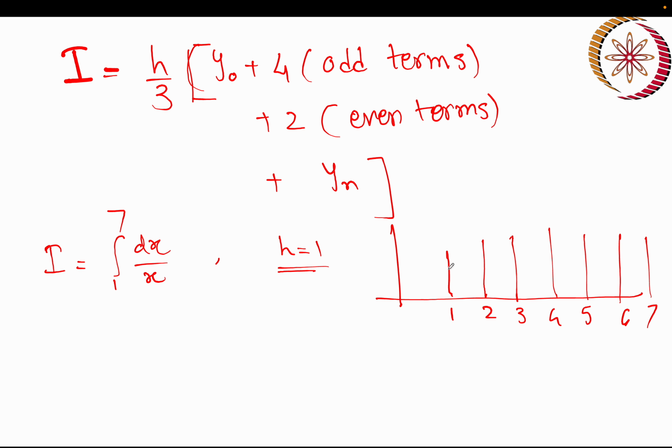Okay, so at a time we will be considering 3 points. So these 3 points will form the first interval, then the next 3 points will form the next interval, and after that these 3 points will form the next interval.